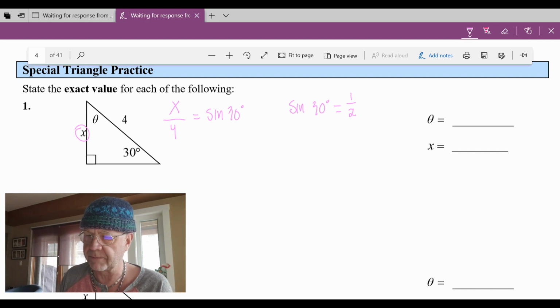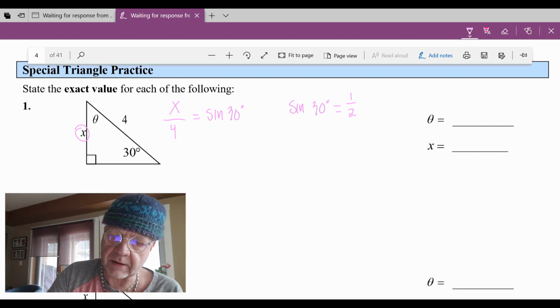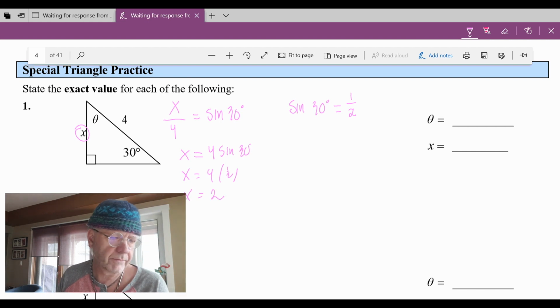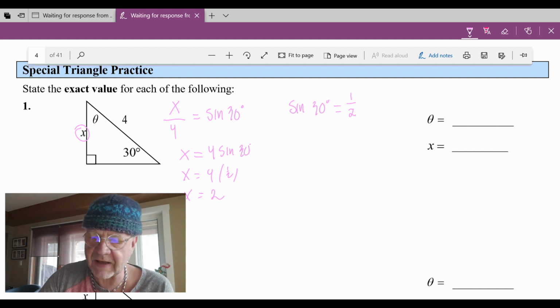All right, cool. So now we can rearrange the formula and isolate for x. X is going to be equal to 4 sine 30, which is to say x equals 4 times 1/2, which is to say x equals 2. As simple as that, an exact value of 2.